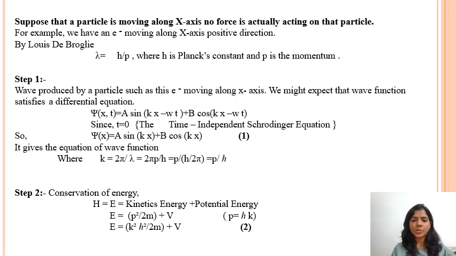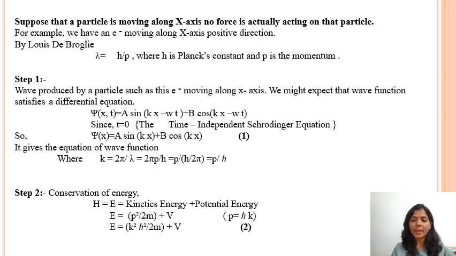Since t equal to 0, as this is the time independent Schrödinger equation, psi(x) equal to a sin kx plus b cos kx. It gives the equation of the wave function where k equal to 2 pi by lambda, or 2 pi p upon h, or p upon h upon 2 pi, which is nothing but h cross. So k equal to p upon h cross.